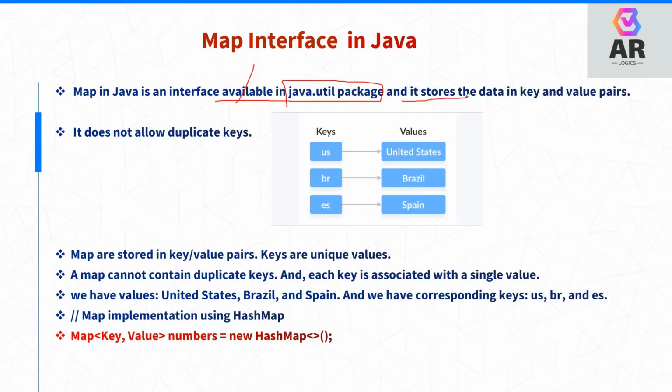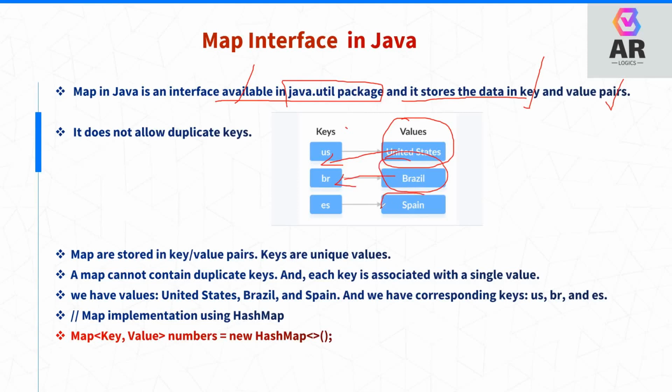It stores values. A Map stores values as key-value pairs. What is a key-value pair? Suppose you are declaring the United States value, you can set one key, US. Suppose you declare the Brazil value, you can set the key BR.